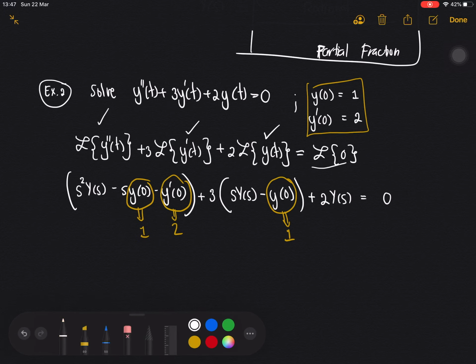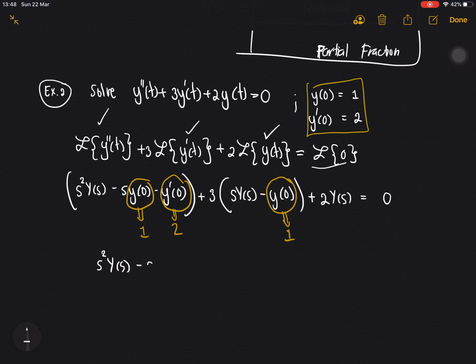Okay, so now we want to find Y(s), which means that we will move the other terms apart from Y(s) onto another side, and we leave Y(s) on one side of the expression. So here we will have s squared Y(s) minus s multiplied with 1 minus 2.